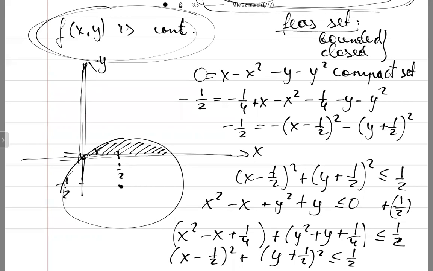Okay. So basically, I see that the feasible region, this small part of a circle, is compact because it's bounded and closed.